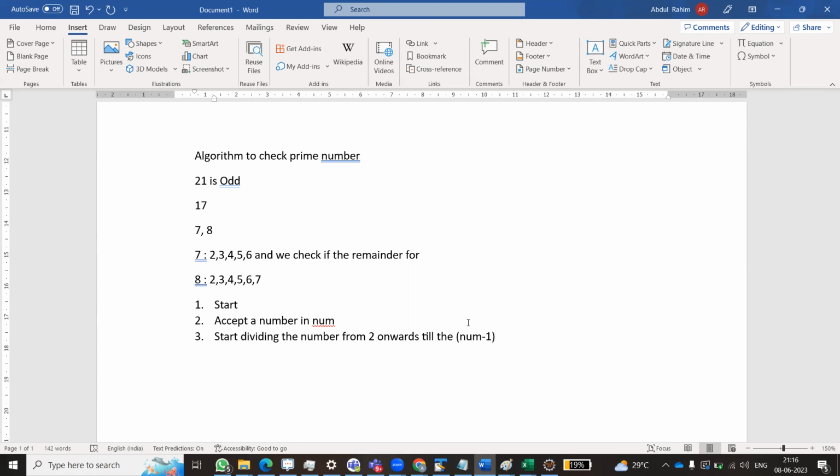That means in case of 7, I'll start from 2 till 6, and verify if the remainder, dividend, quotient, multiplication, product, sum, what?